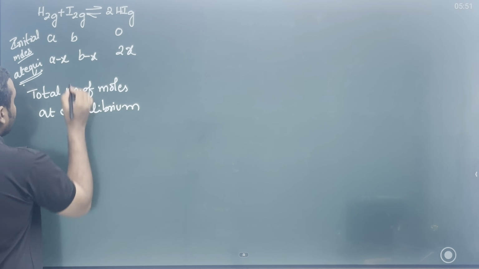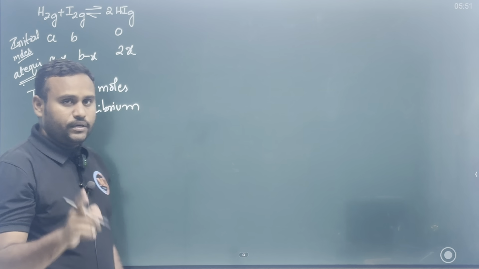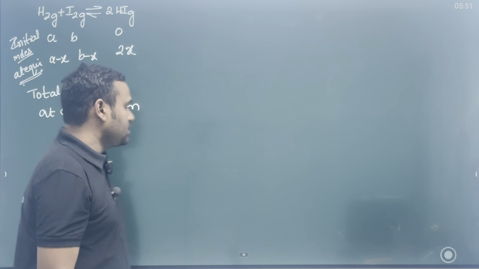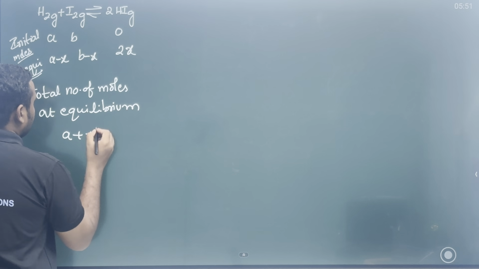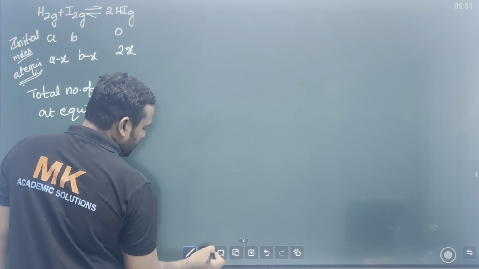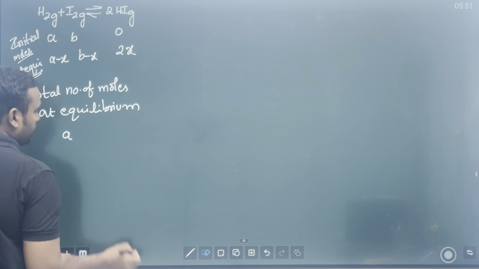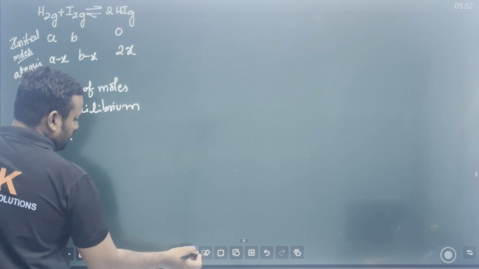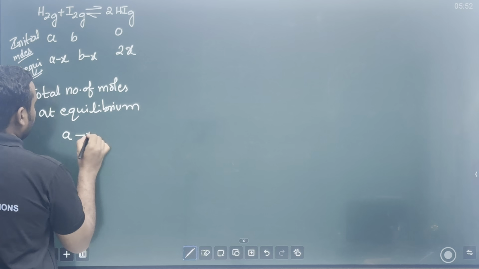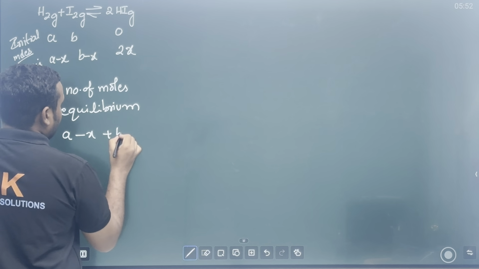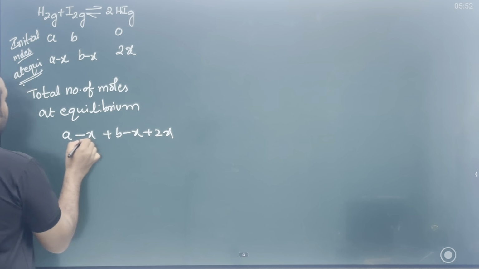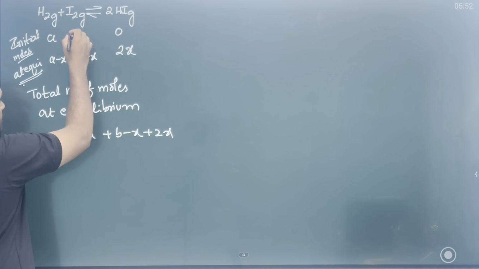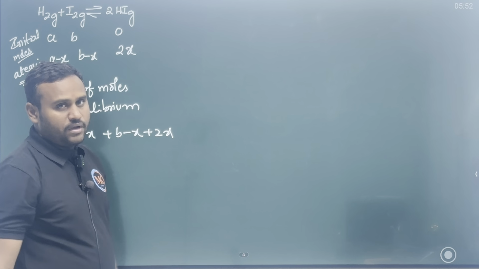Here the number of moles of H2, the number of moles of I2 and the number of moles of HI. So A minus x, sorry, not A plus x, it is A minus x. What is the number of moles of HI? A minus x plus B minus x plus 2x. So this is the number of moles of H2, this is the number of moles of I2, and this is the number of moles of HI.